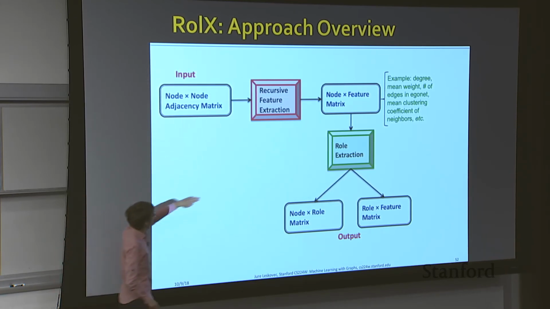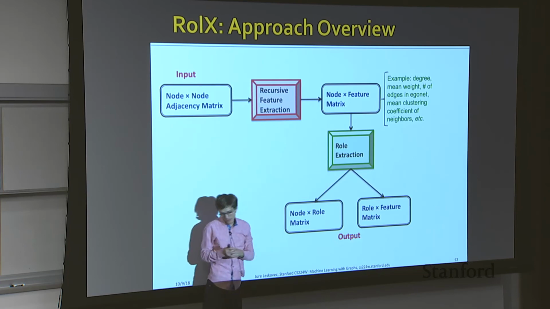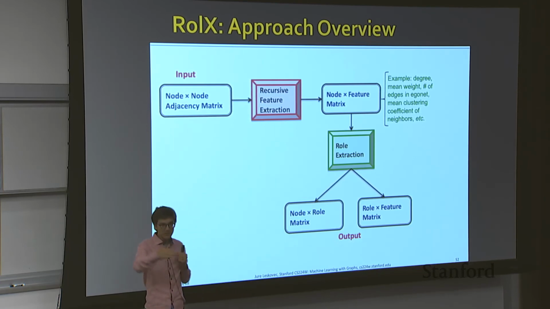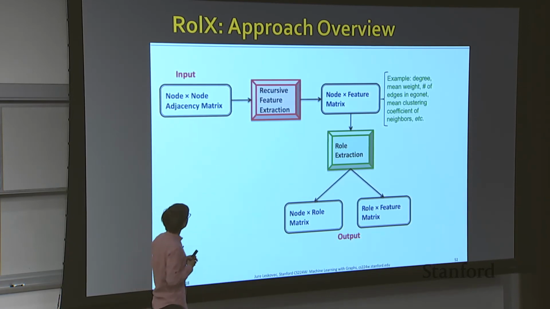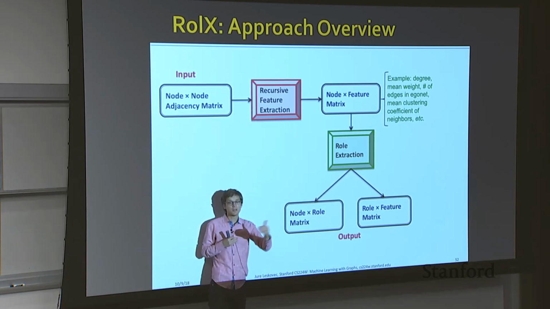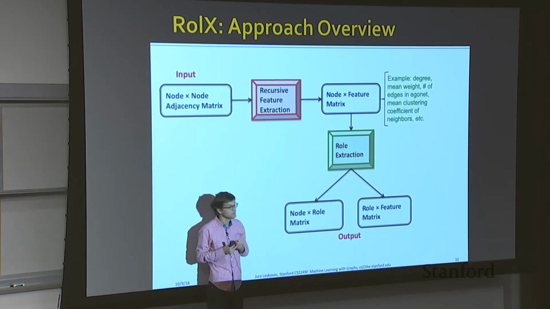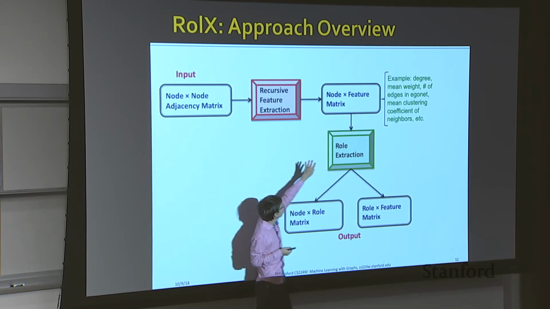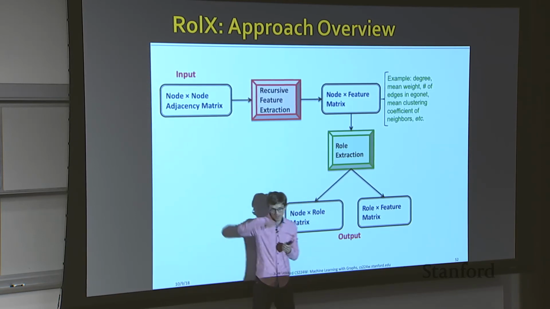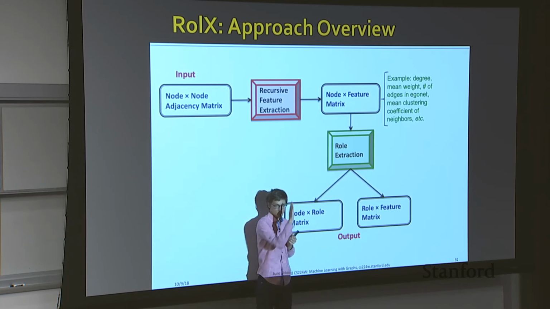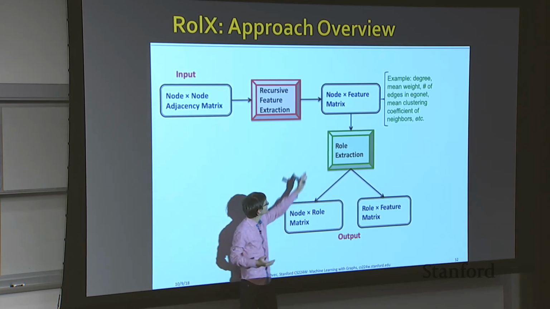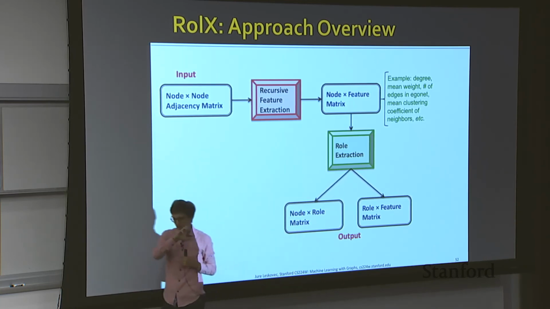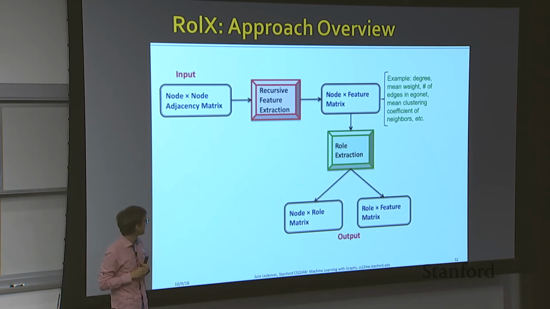And what we will do, in the first step, is create a kind of descriptor for every node. This descriptor will be created recursively. I will show you how. After those descriptors are created, we will have a matrix where the number of rows will be the number of nodes and the number of columns will be the number of features that are part of the descriptor of every node.